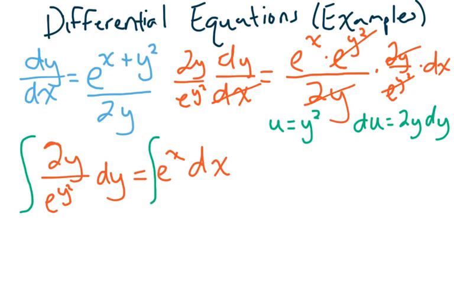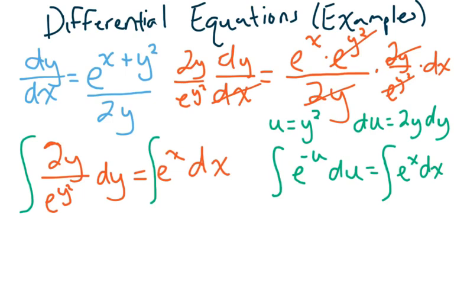So I'm going to rewrite this whole integration step as the integral of e to the negative u. Since I want to pull that out of the denominator, I'm going to call it negative y squared, which means negative u du. And that's going to equal the antiderivative of e to the x dx.